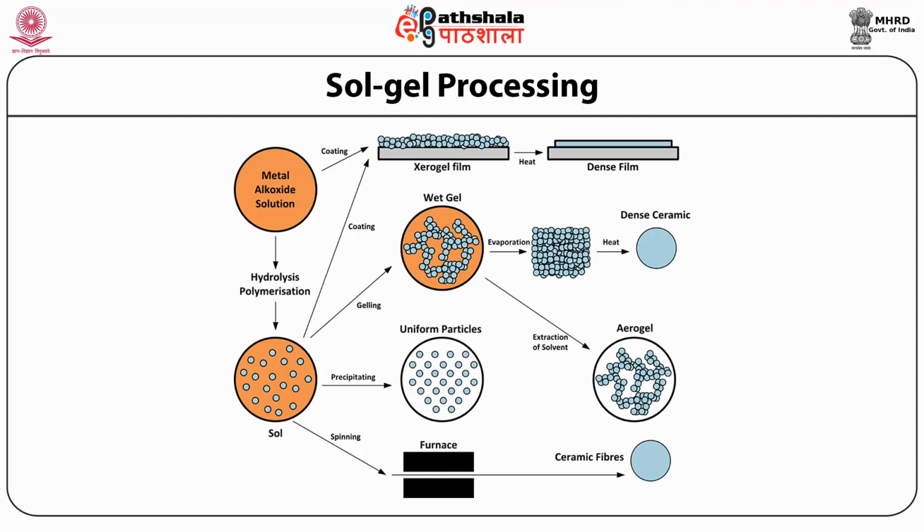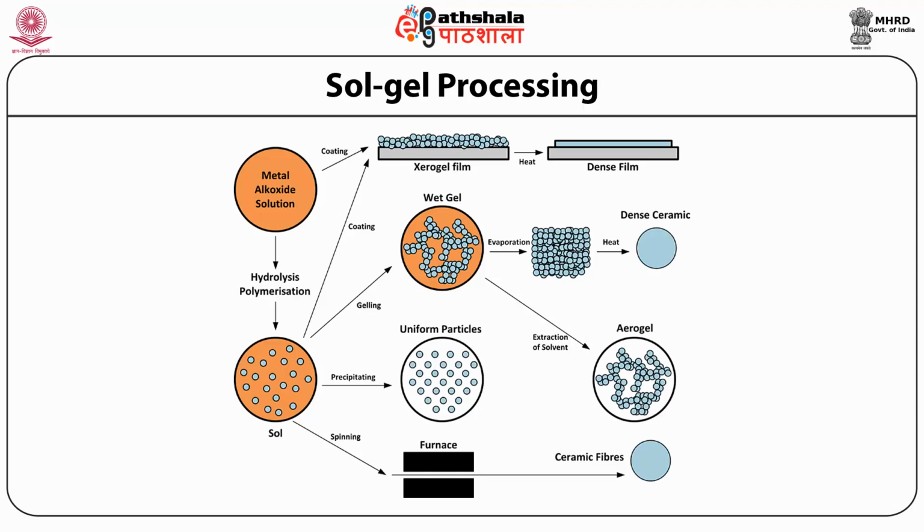So, as you can see in this figure, after getting the sol in gel form, we have a thermal treatment or firing process, which is necessary to favor further polycondensation and enhance the mechanical properties and structural stability via final sintering.